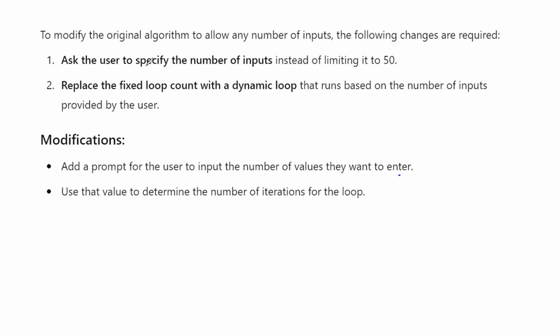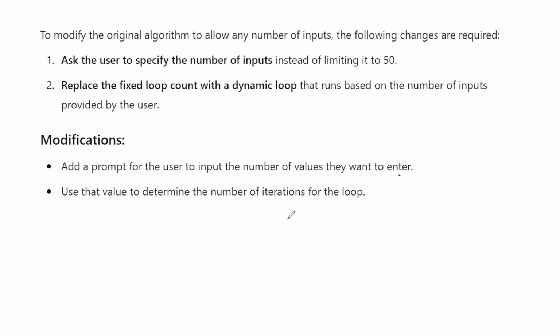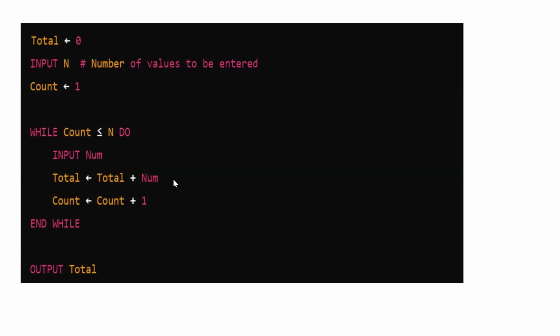Ask the user to specify the number of inputs instead of limiting to 50. So replace the fixed loop count with a dynamic loop that runs based on the number of inputs provided by the user. Modification: add a prompt for the user to input the number of values they want to enter, and use that value to determine the number of iterations for the loop. In this part only a description is required, but you can have a program also.